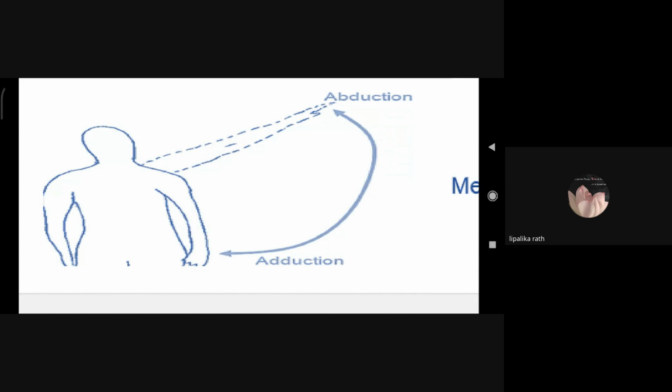This terminology is enough to say that the organ is located towards the midline. So, in anatomical posture, your little finger is proximal and the thumb is distal. Here, no movement is occurring. But in the case of abduction and adduction, abduction is away from the midline, adduction is towards the midline.